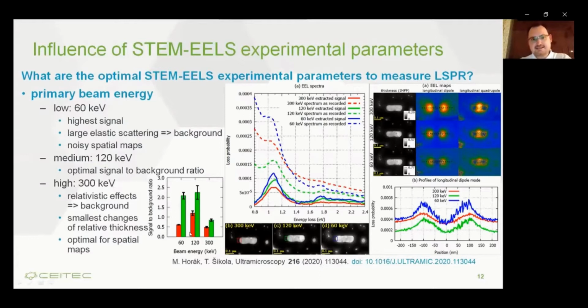So in this case, you have the lowest possible background, as the scattering is suppressed because the primary beam energy is high enough, but at the same time the background is low because the primary beam energy is low enough that the relativistic effects are still negligible. So this compromise primary beam energy seems to be optimal for imaging plasmons by electron energy loss spectroscopy.